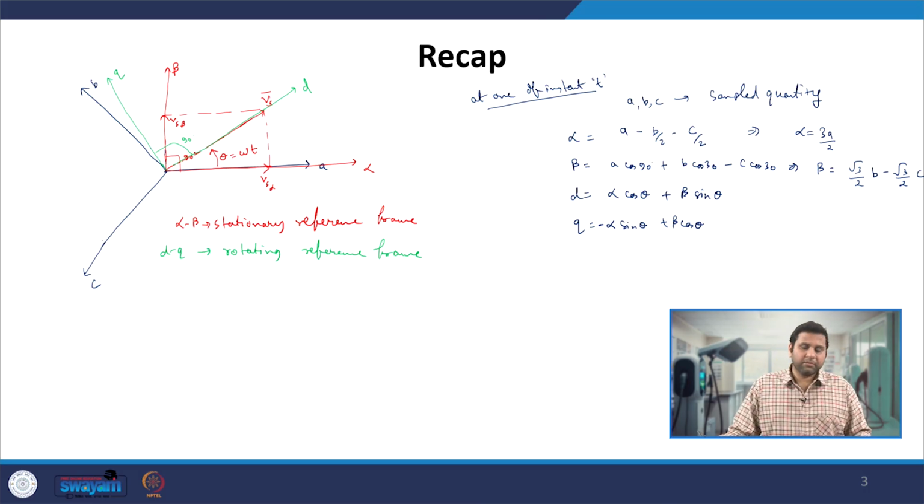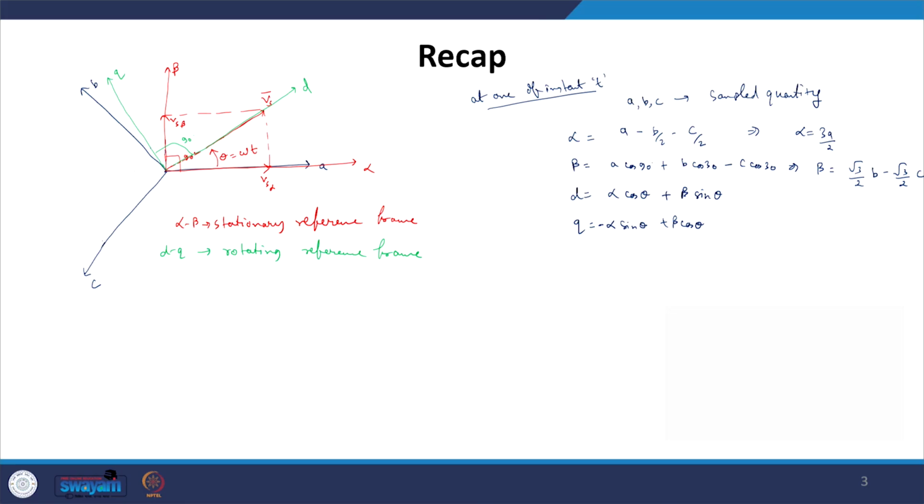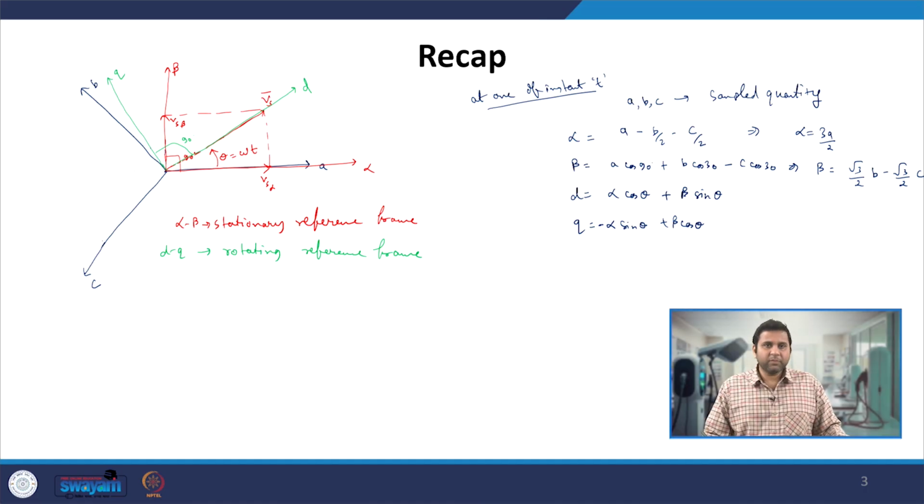So, to do that we have defined 2 reference frames. The first one is the alpha beta reference frame, which is the stationary reference frame, and the name itself says that alpha and beta are stationary, while the space vector is rotating. However, the alpha and beta components are stationary with respect to this space vector, and the components of the space vector on the alpha axis and beta axis are independent of each other.